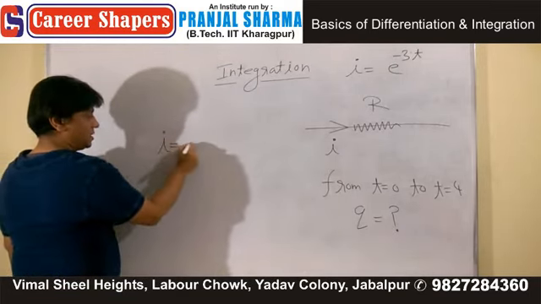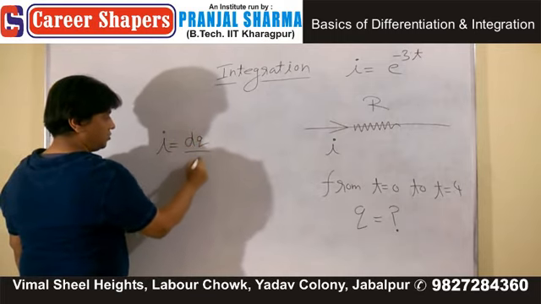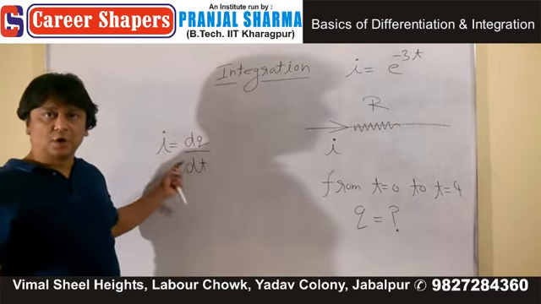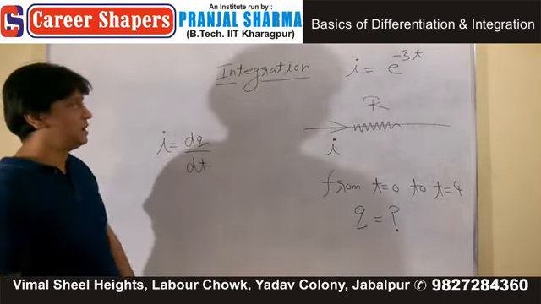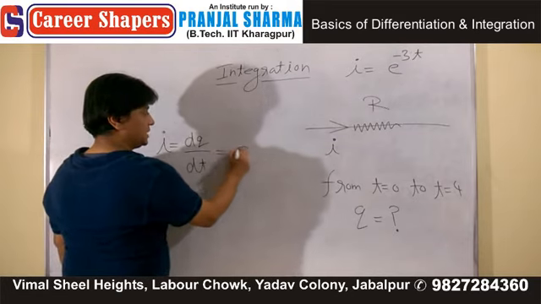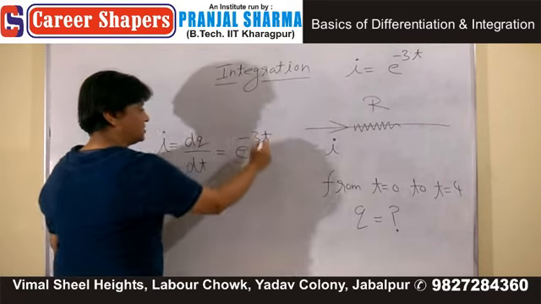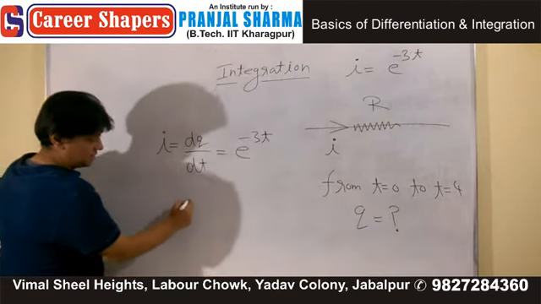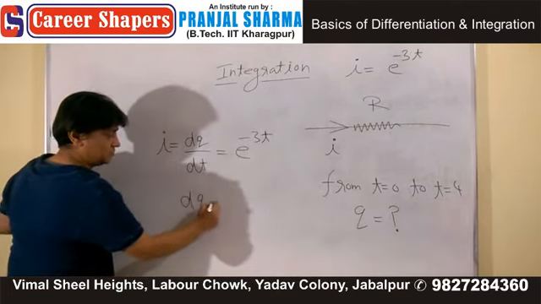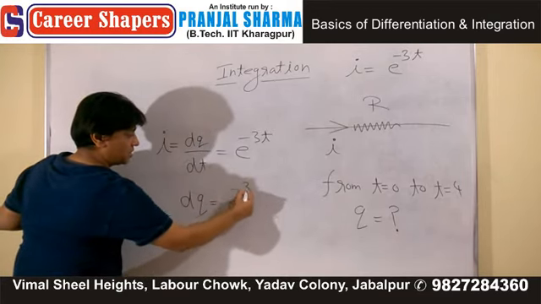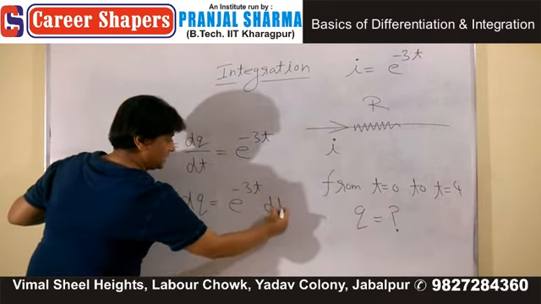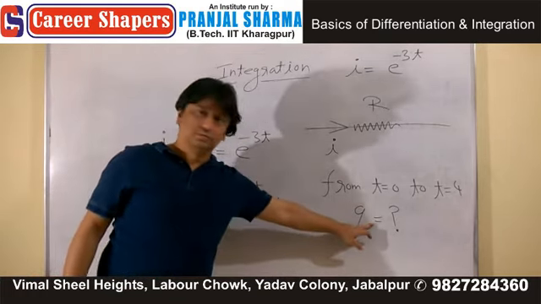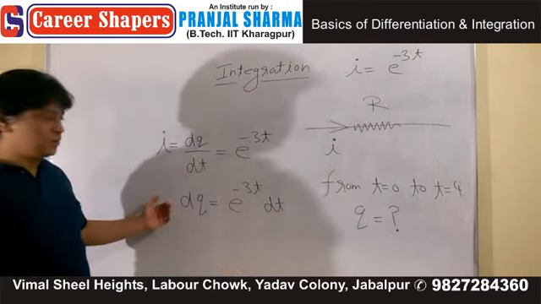What is I? dq upon dt. You start from this. You write I as dq divided by dt, which is e to the power minus 3t. Then dq equals e to the power minus 3t dt. The question is asking you q, but this is dq.